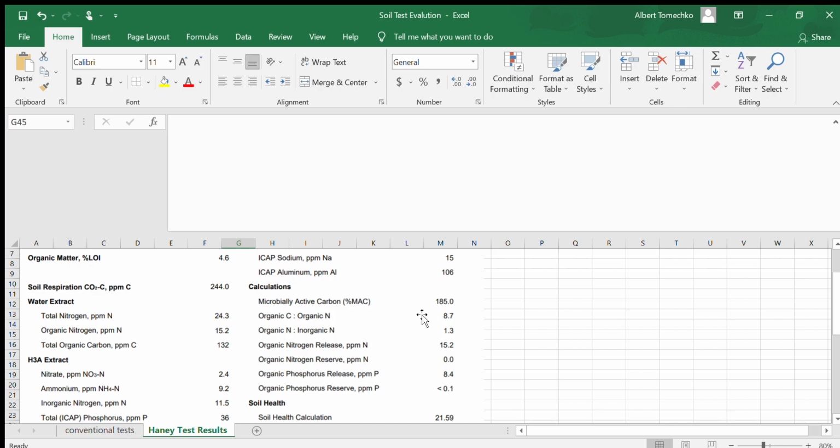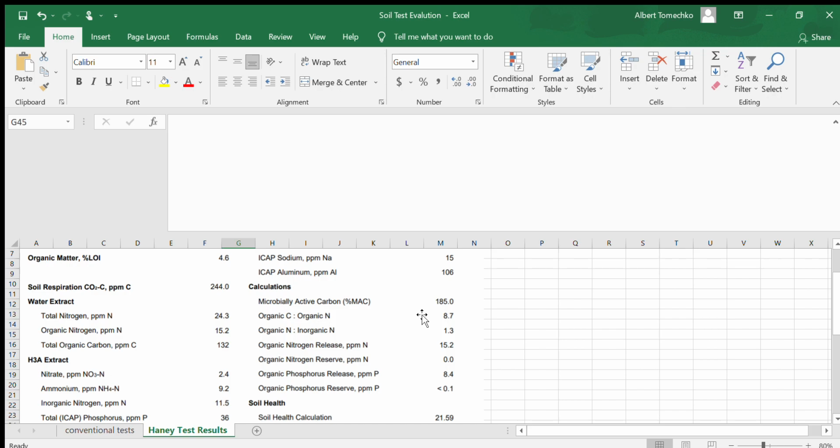So mine's way up there. Again, this is just an indication that there's a lot of microbial food within the soil because of the decaying cover crops, because of the high activity of microbes in the soil. That's a really good sign that the soil is very microbial active, right?